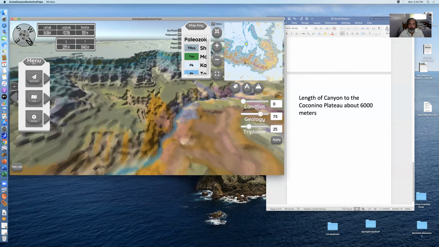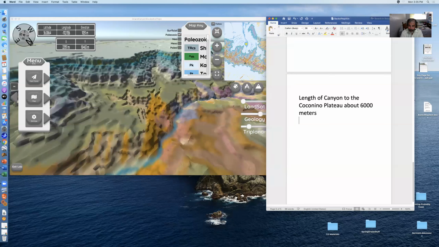6,000 meters from here in the Colorado River to this point here at the head of the canyon where the South Rim facilities are, where you start the Bright Angel Trail with all the burrows and the poop on the trail, if you've ever been there.